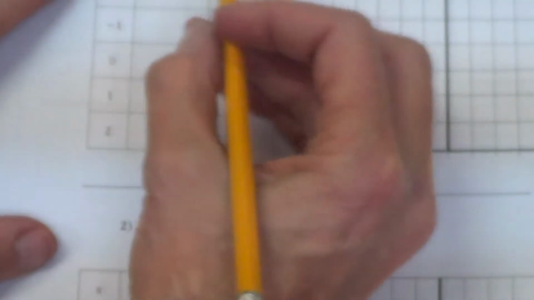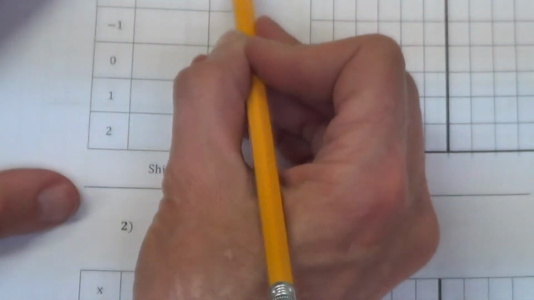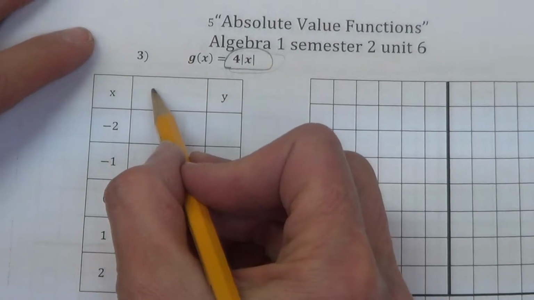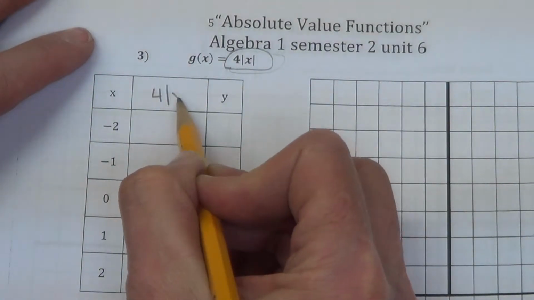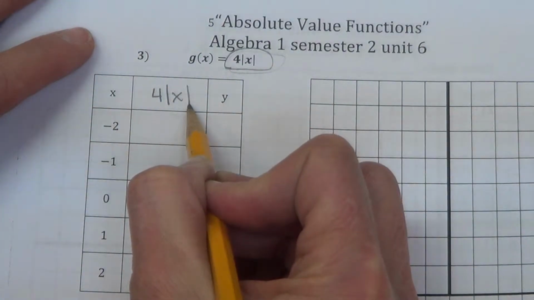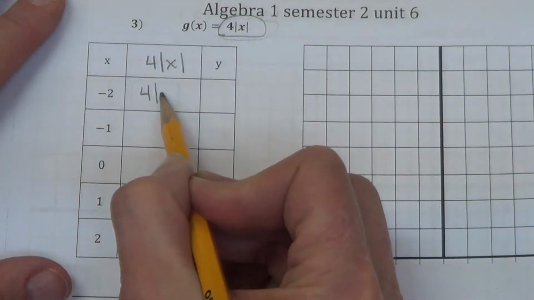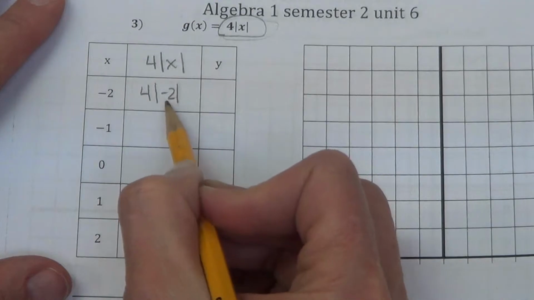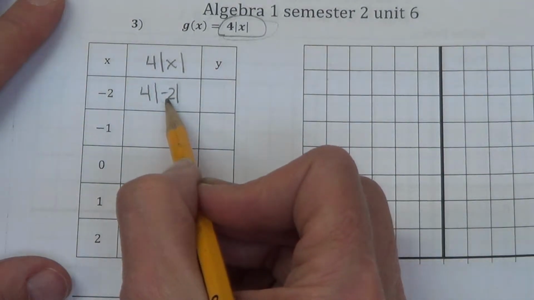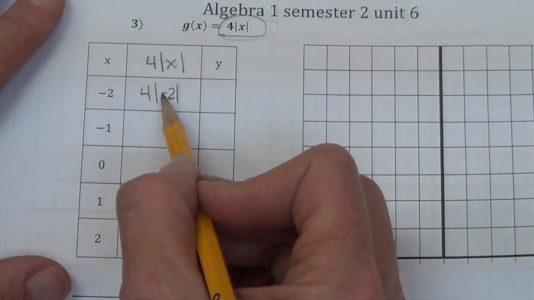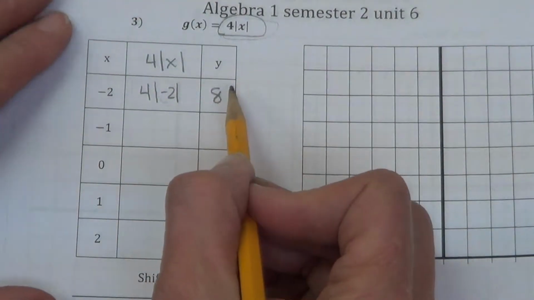Another equation here. Take the equation I give you, put it in the table, and plug values in. Remember, you have to solve the absolute value first because it's a form of parentheses. That's order of operations. So the absolute value of negative 2 is 2 times 4 is 8.